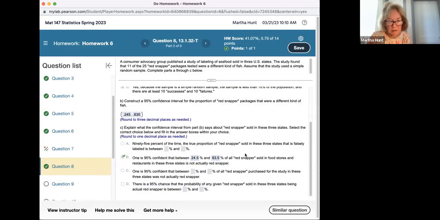Okay. So once again, take a look. This one doesn't mention any confidence or anything. This one says chance, which is a bad word. So we narrowed it down to these two. And the difference between these two are, what's the subtle difference here?